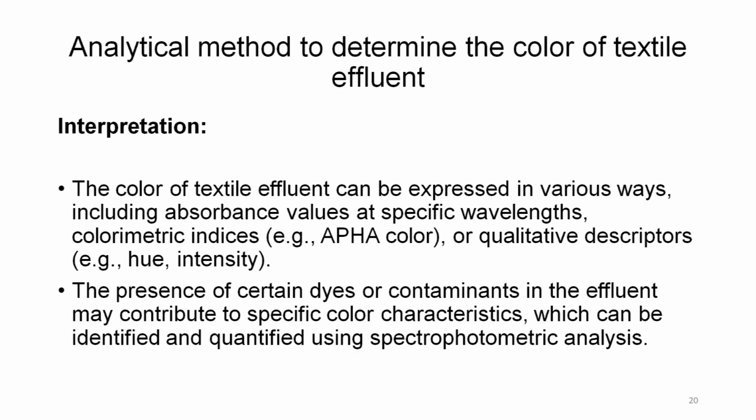So, the beauty of this instrumentation method is that one can actually identify the dye from its lambda max value, and that is a very accurate way of identification of the dye that has been used.